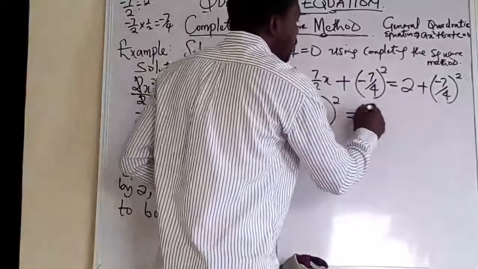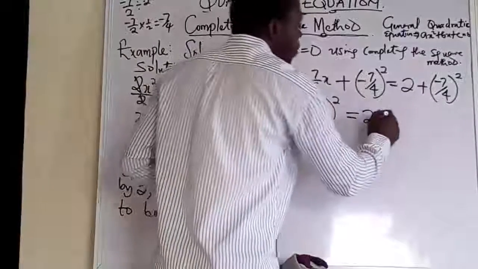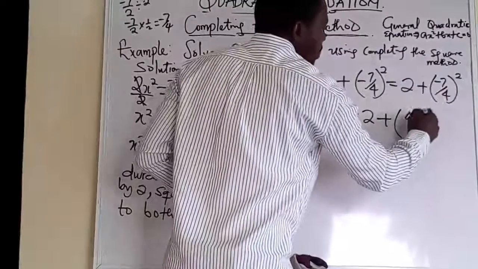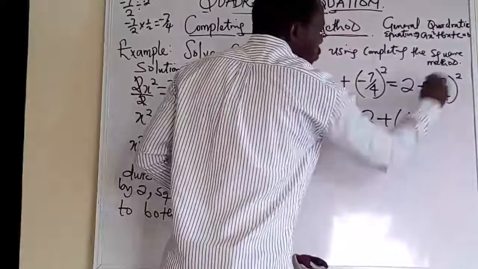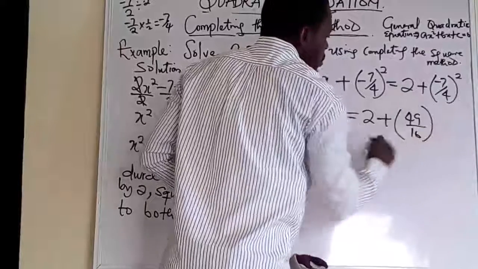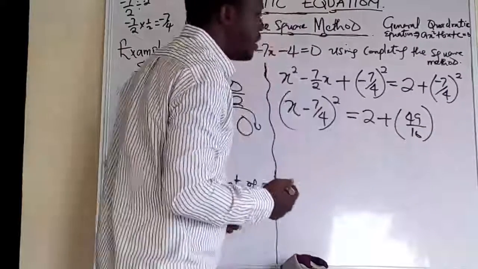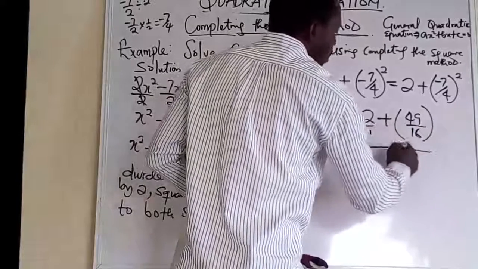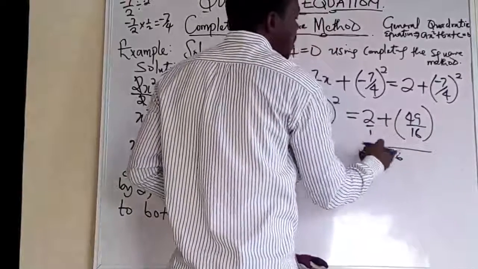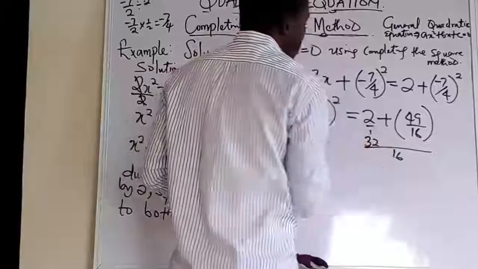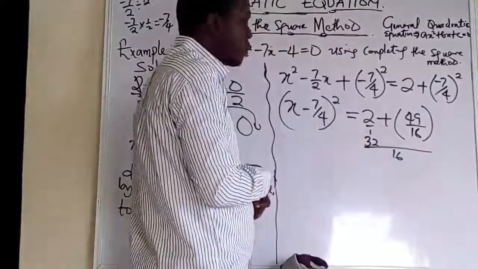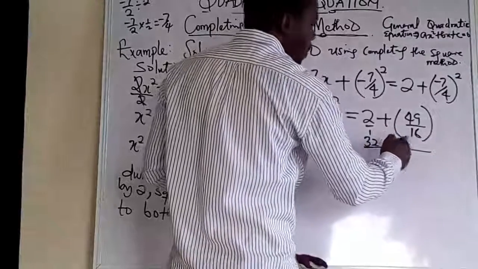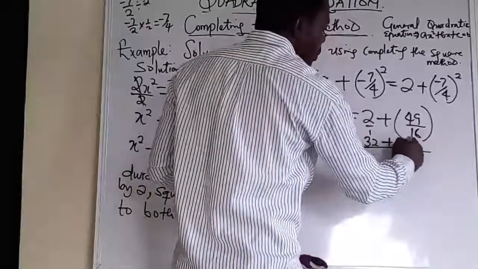Equal to 2 plus minus 7 over 4 squared, that is 49 over 16. So we can find the HCF this way, and then 2 is over 1. So what we have is 16. 16 times 2 is 32, plus 49 here.